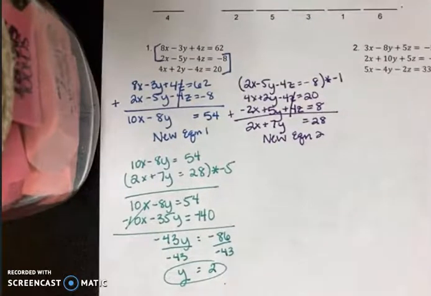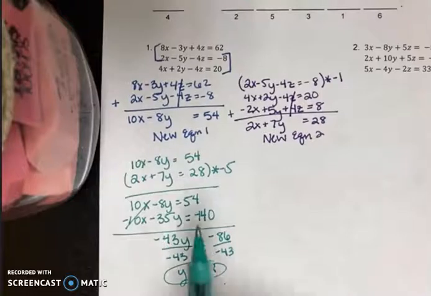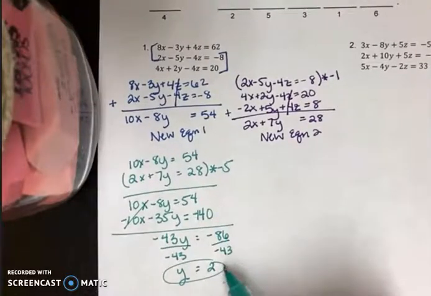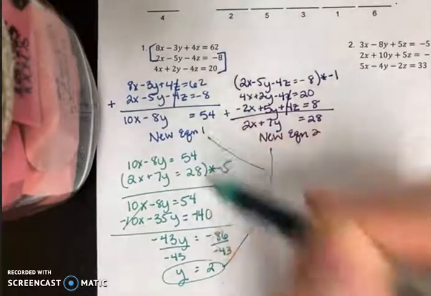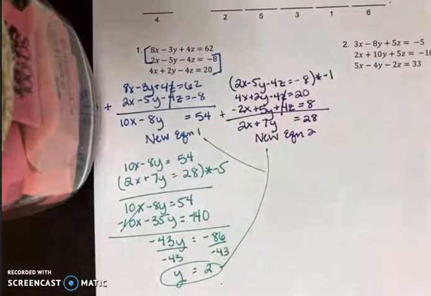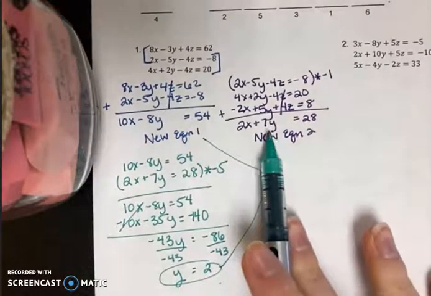We've solved for one of the three variables. We need to solve for x, y, and z. I have y. Time to find x. You're going to take y and plug it into either your new equation 1 or new equation 2. It's up to you. I think the math will be a little easier if I use new equation 2.